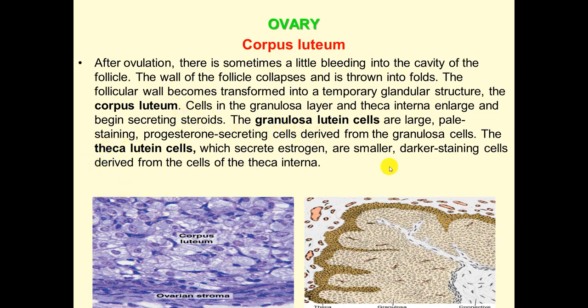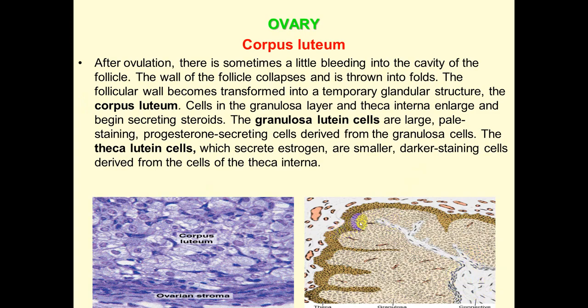The follicular wall becomes transformed into a temporary glandular structure, the so-called corpus luteum. This is here. You can see these folds. You can see the bleeding, which later is transformed into connective tissue, a white scar.